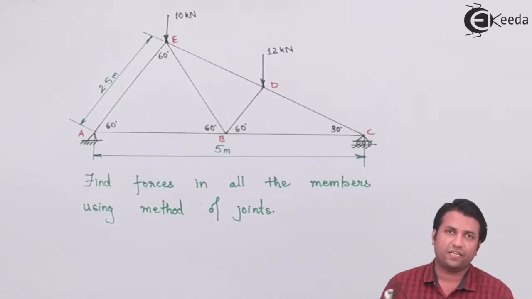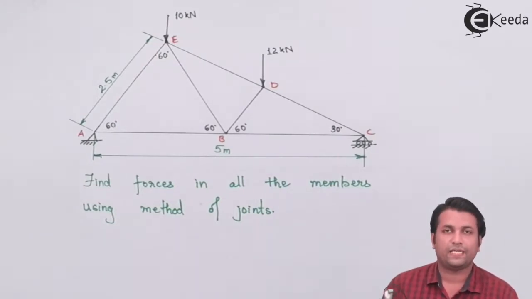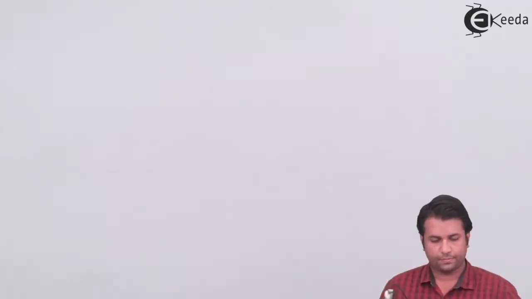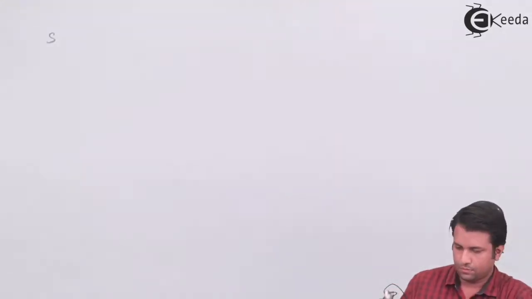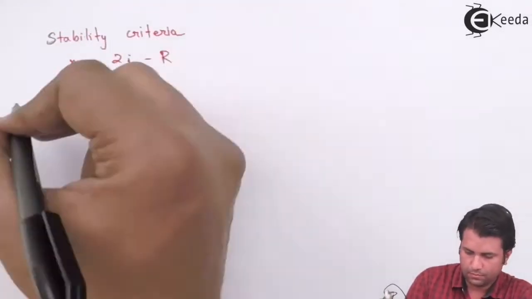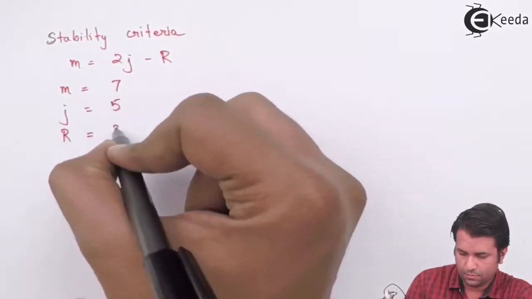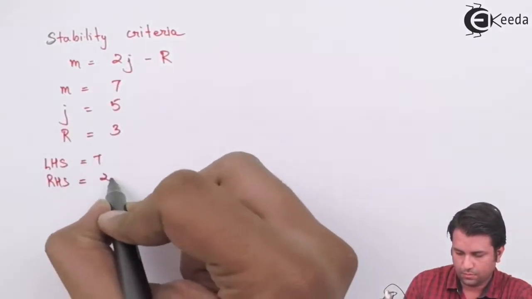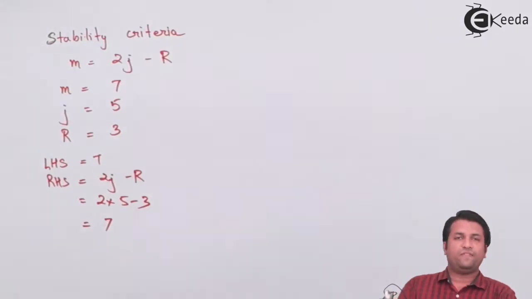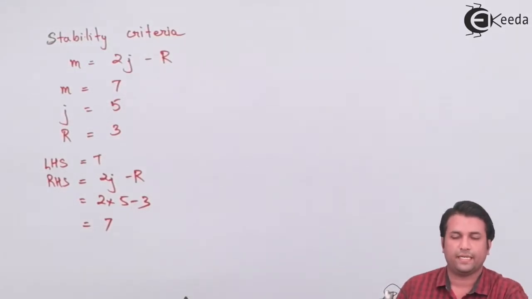That means my left hand side should be same as my right hand side. So I can see that my left hand side is equal to right hand side. So I can say that this is a perfect truss.